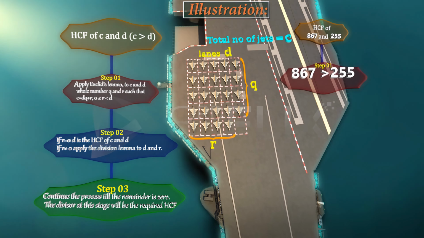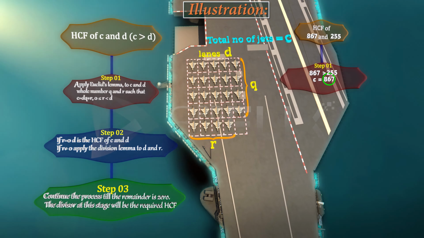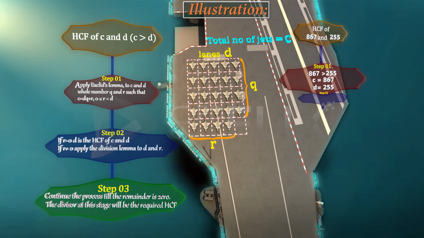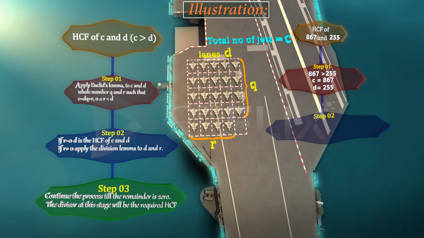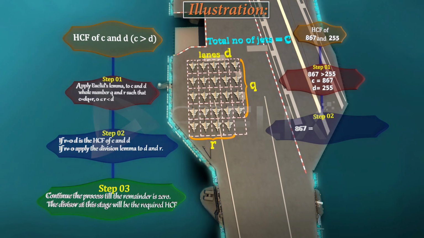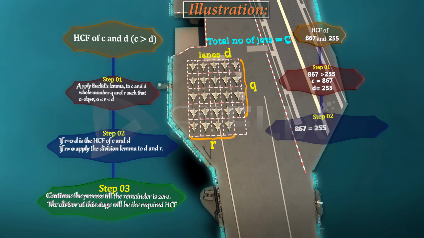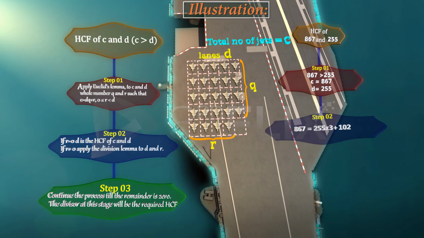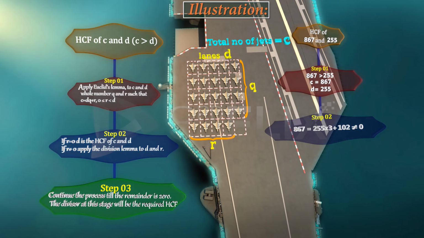So, let us take c equal to 867 and d equal to 255. By Euclid's division lemma, we have 867 equals 255 multiplied by 3 plus 102. Here we observe that the remainder is not equal to 0, so let us continue the process.